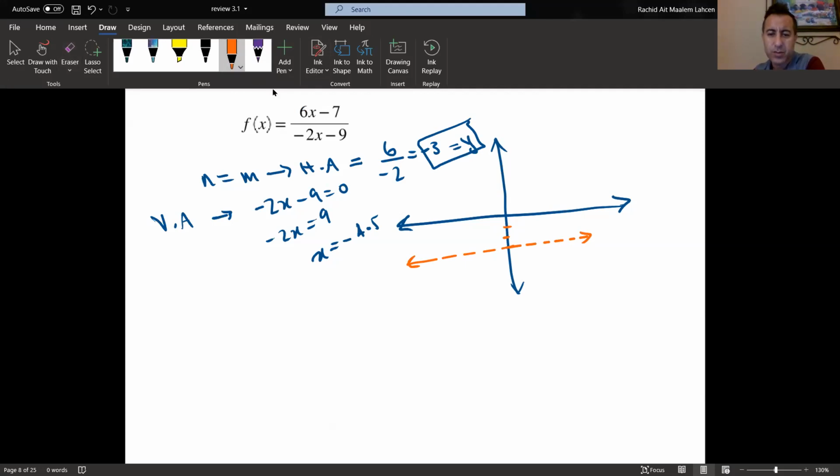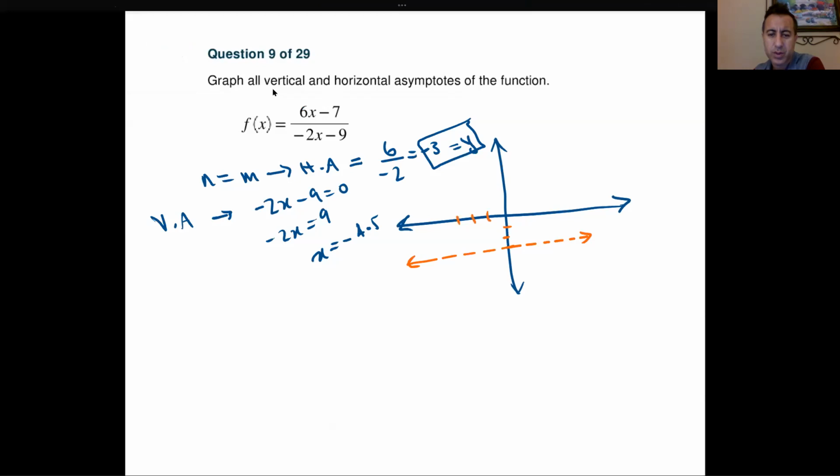So -4, let's say 1, 2, 3, 4, and if this is 5, then it should be somewhere here. So this is the frame, all right? So y equal -3, and x equal -9/2. So to show that they're all the same.